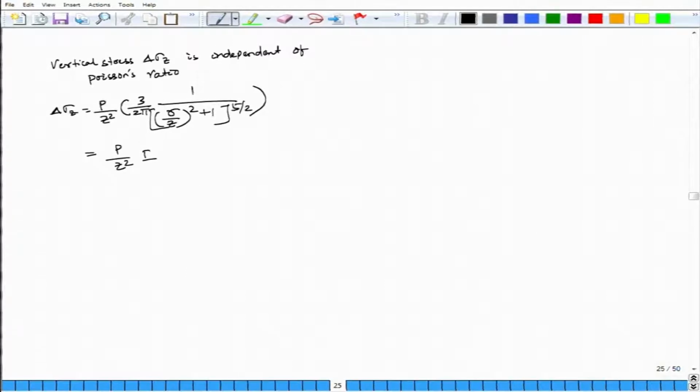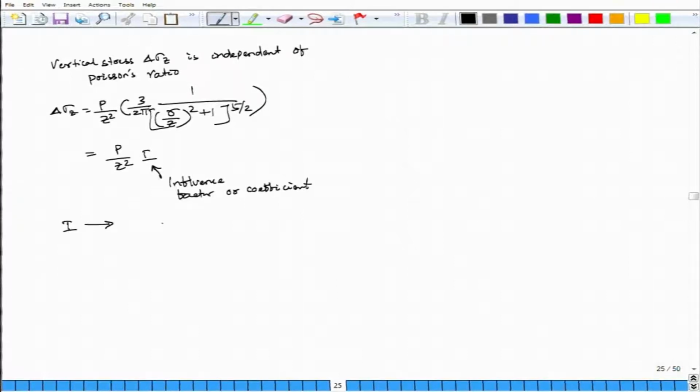I is nothing but your influence factor or influence coefficient. So, there are charts given for the variation of I for various values of r by z, in any textbook you can find it out.